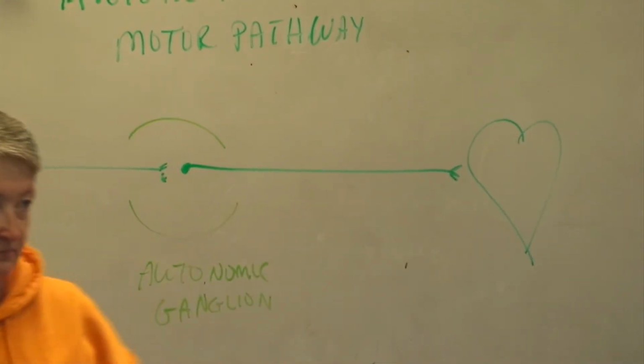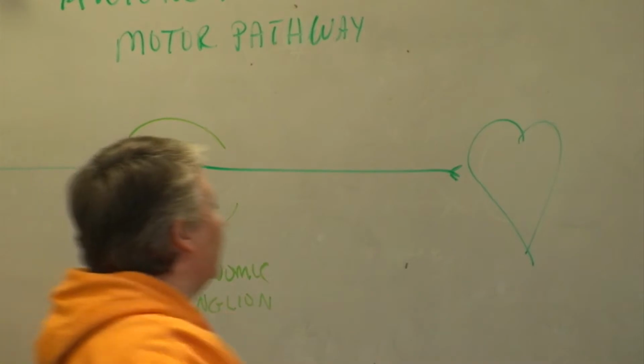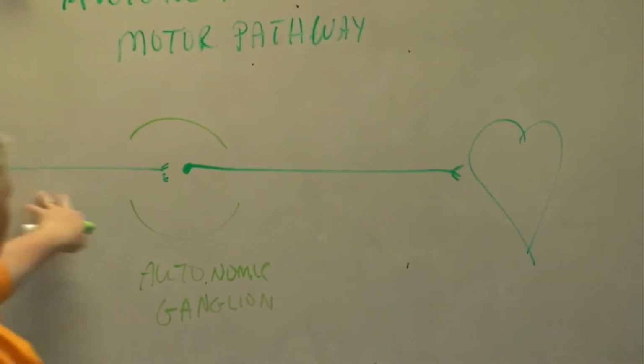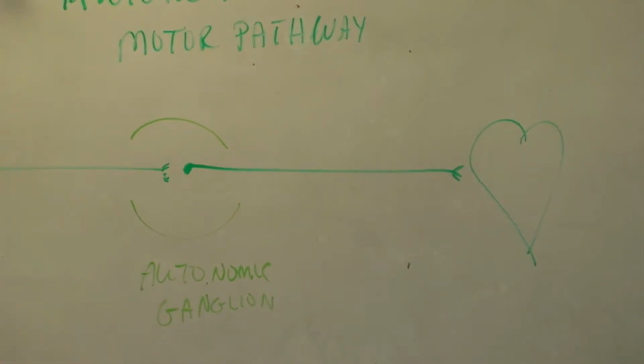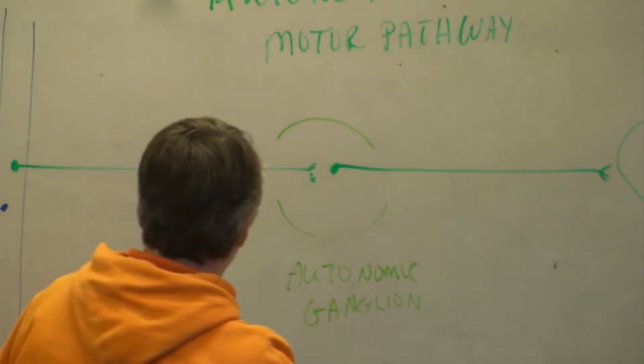Right? Some of these are close to the spinal cord, some of them are down near the organs. This neuron is called a preganglionic neuron. The first one.